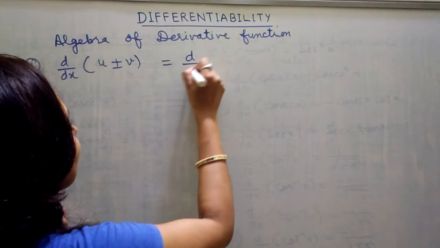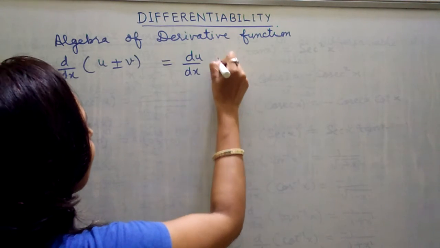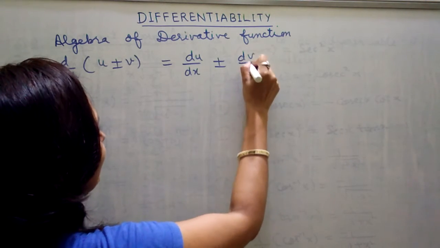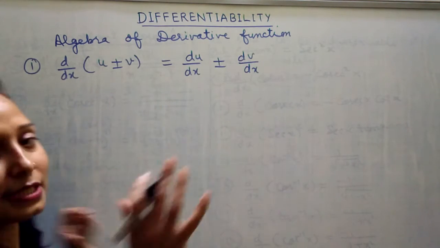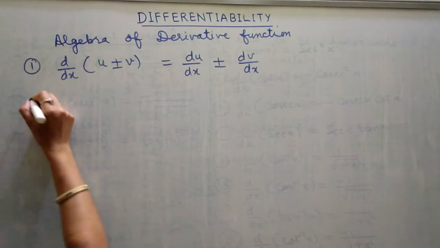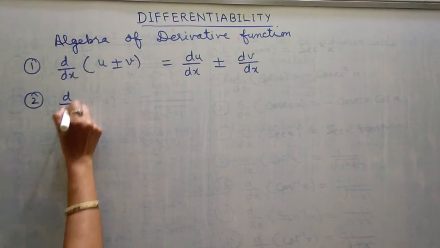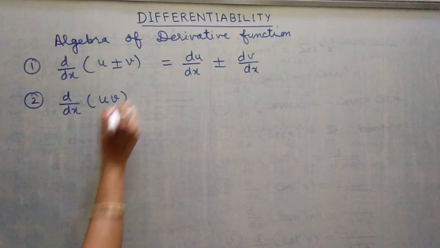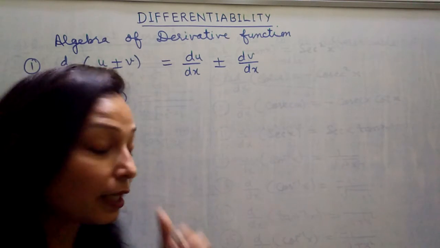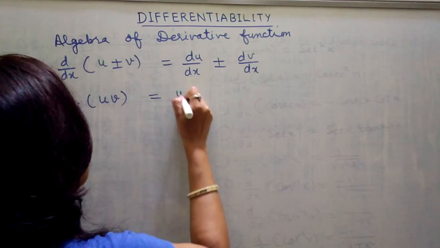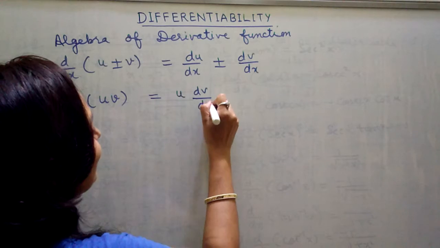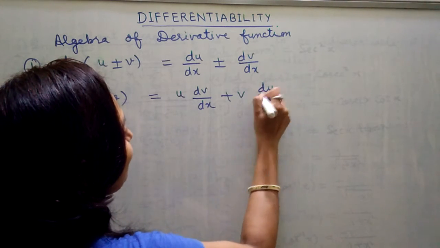You can take the derivative of each function separately if there is an addition or subtraction sign between two functions. Second, if two functions are in a product, that is the product rule, which equals u derivative of v plus v derivative of u, right?